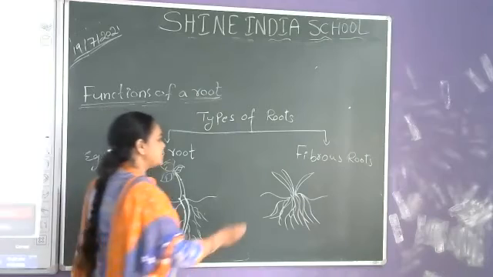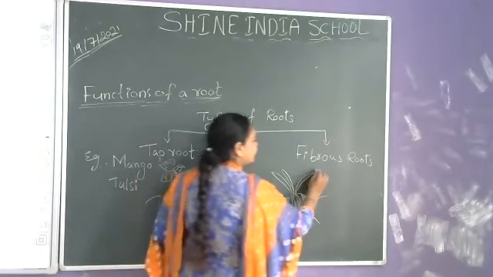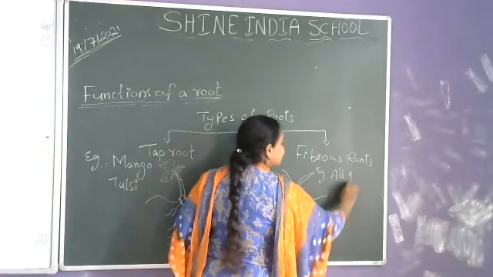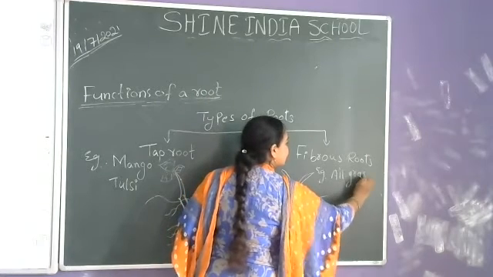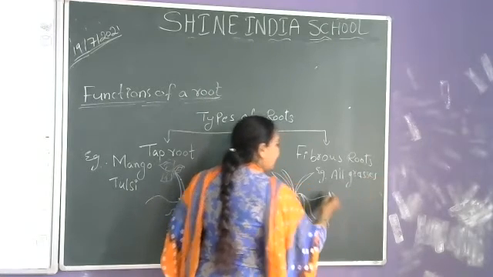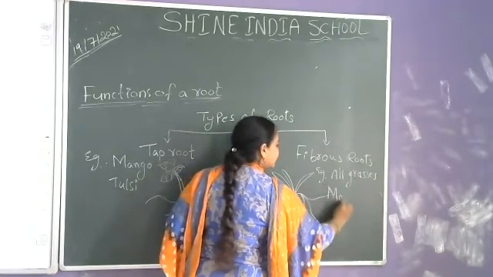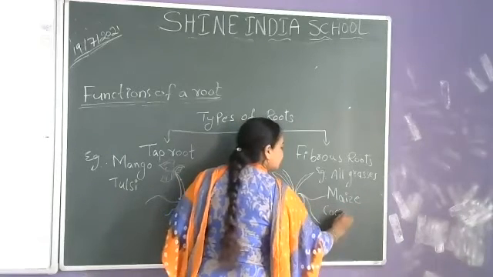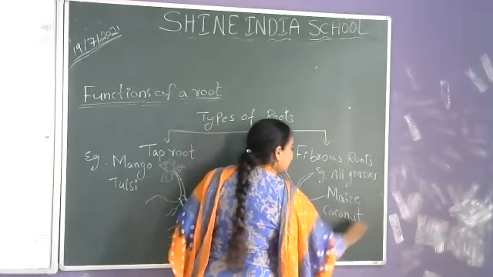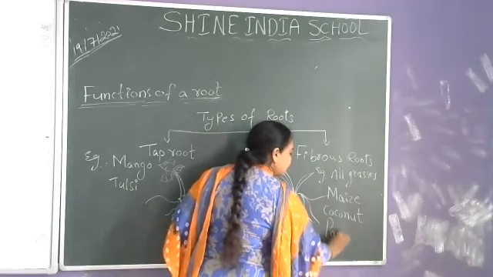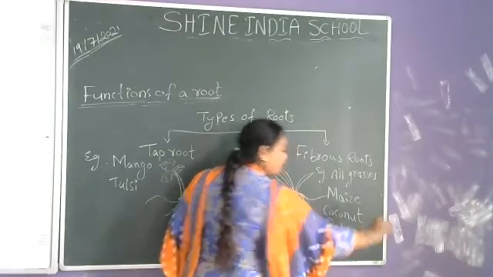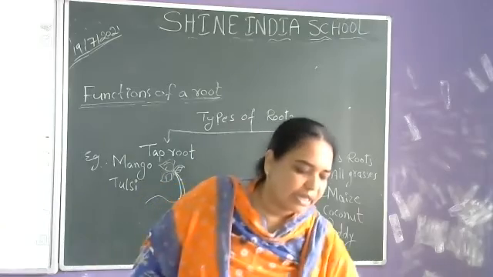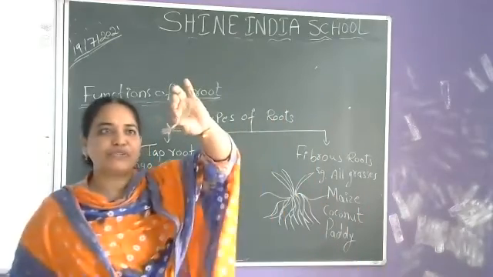So examples are all grasses, maize, coconut, paddy. Paddy means rice. So this is the fibrous root.